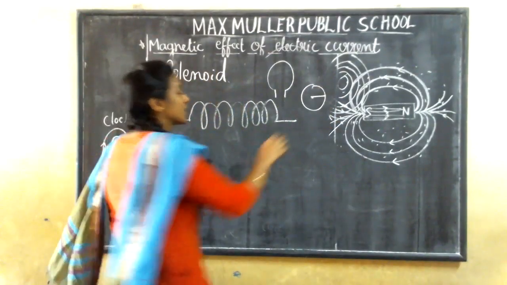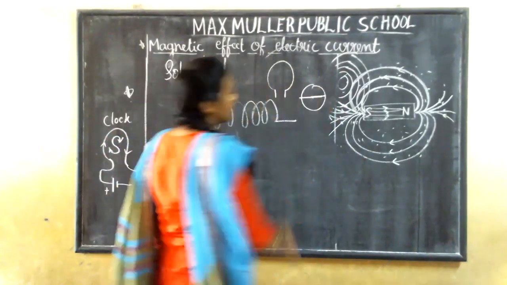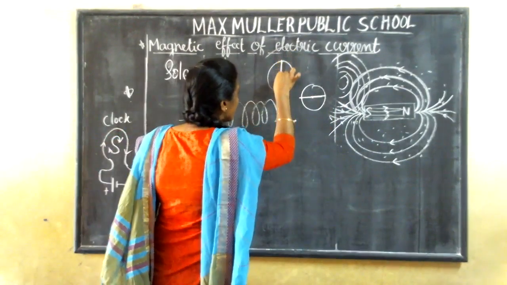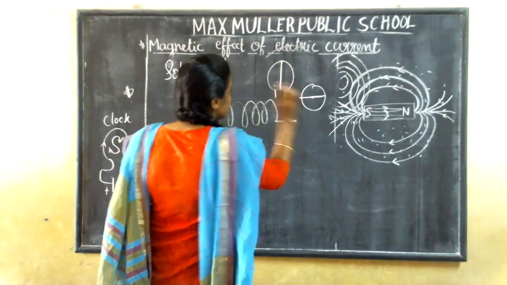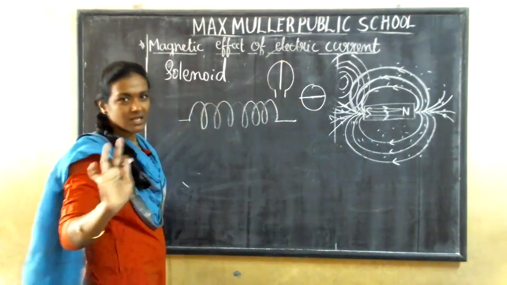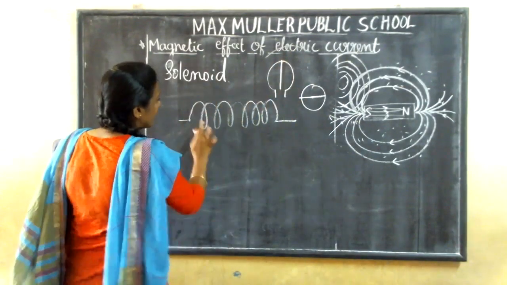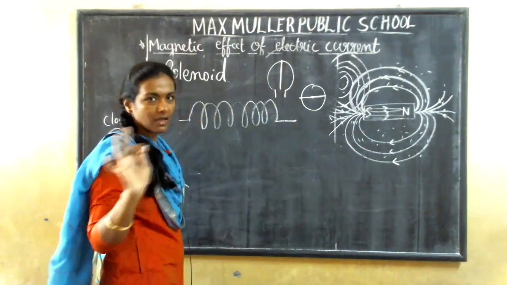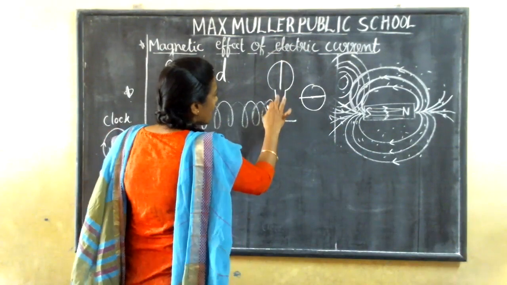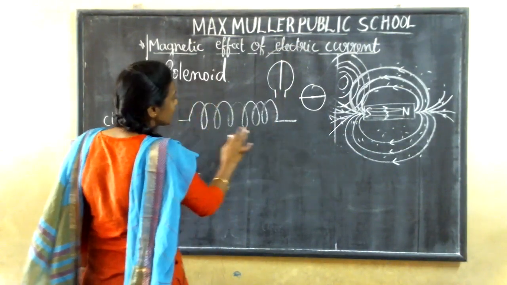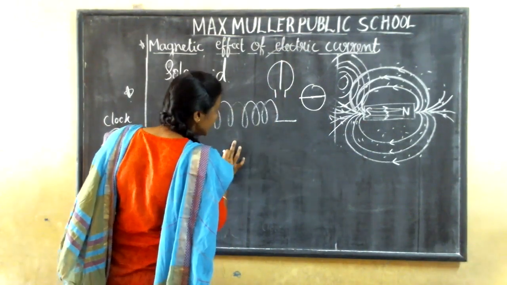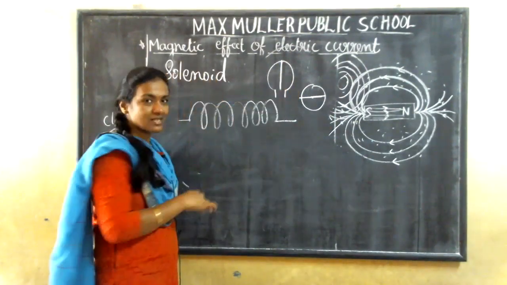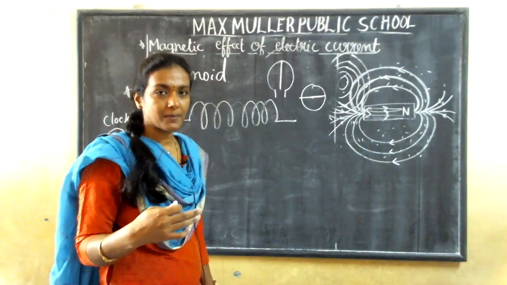This is a circle and this is the diameter, isn't it? Think that this one is a wire and I arranged this wire in this way. So the length of the wire should be greater than the diameter. Then only you can say that it is a solenoid.